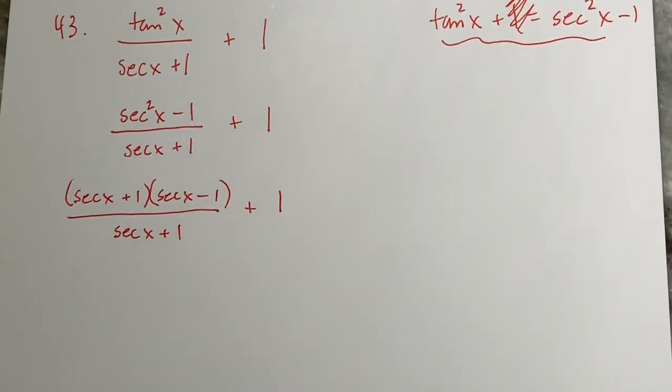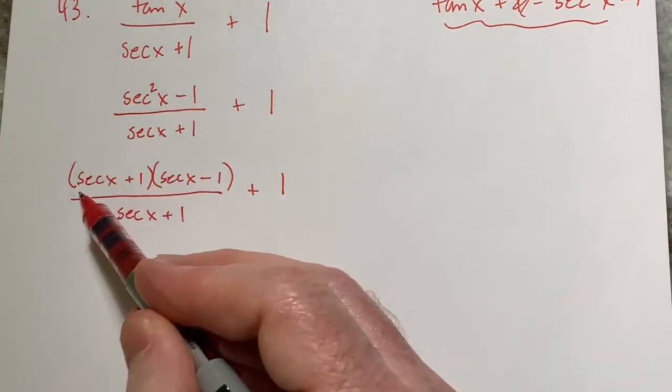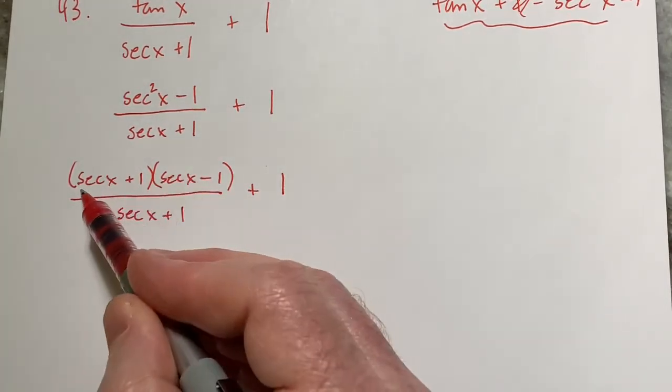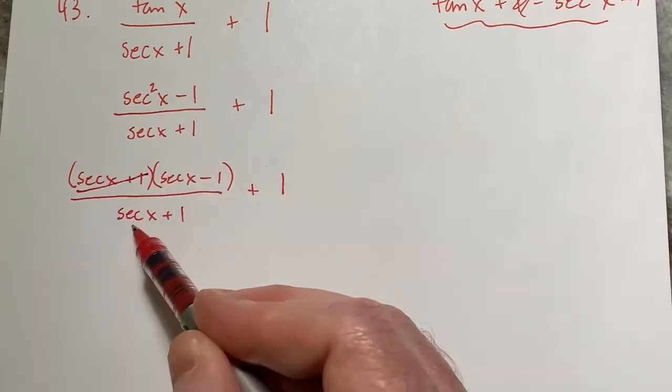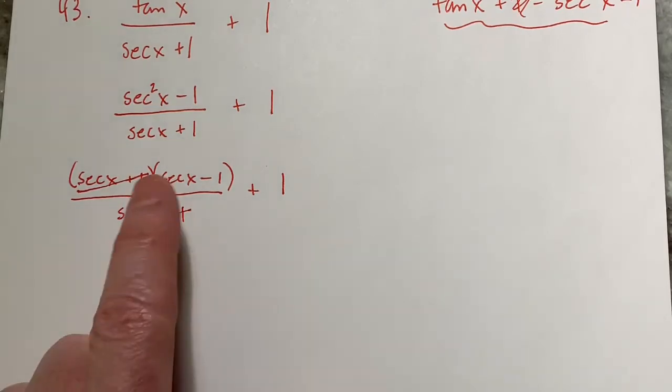All right? And now I can say, oh, well, now that they are factors, I remember I can't cancel the secant out, but I can cancel the whole factor with this whole factor. And that gets rid of not the secant and the 1, but the secant x plus 1 and the secant x plus 1. And then what do I have left?